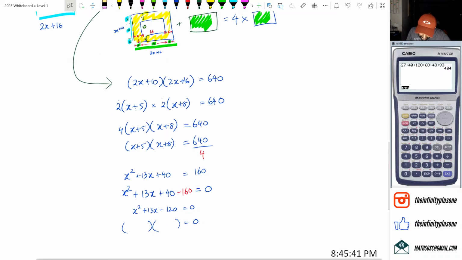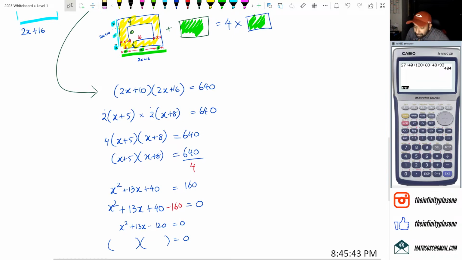I feel like I've made a mistake somewhere. I just can't figure out where. Help me out, people. 120 and 13 doesn't look right. Unless my head is just too tired.